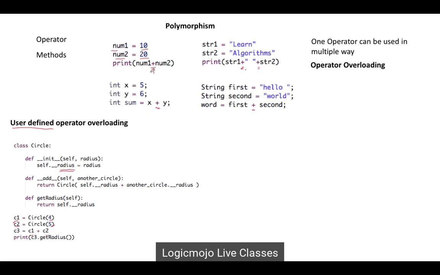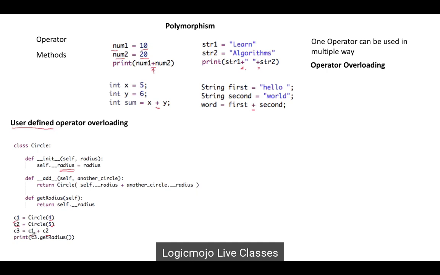Earlier we did number 1 plus number 2, two integers, and similarly the addition of two strings, but in this case it's a user defined task. We are adding two objects, and that task can also be done using operator overloading, and we call it user defined operator overloading.